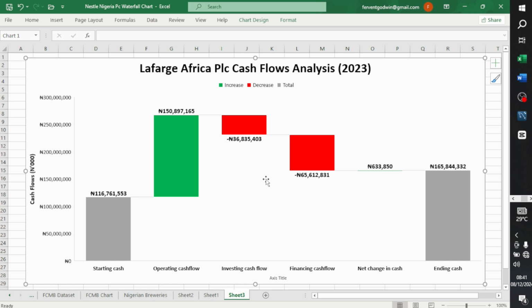This financing cash flow, I think this is one of the few times that I've seen it also reflecting a negative number. It is showing 65.6 billion, and that's also negative. I want to make a little finding on why a financing cash flow can show negative.